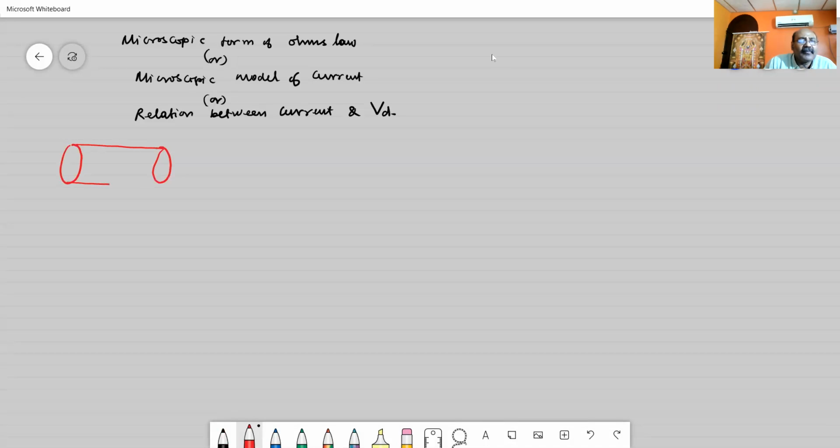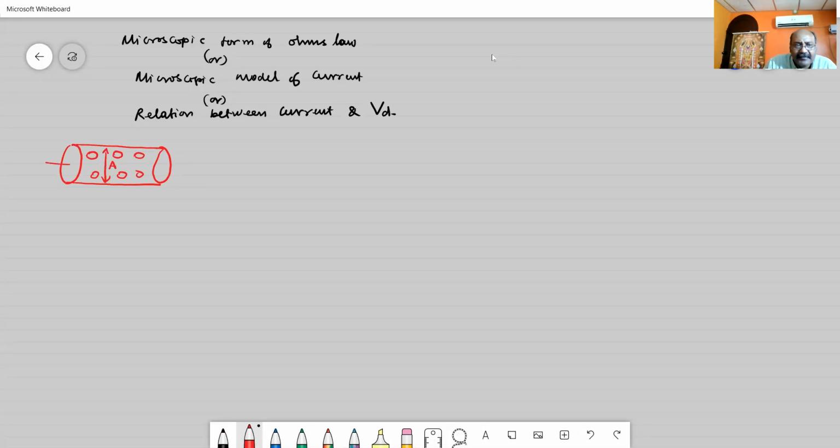So, I am considering a conductor. In this conductor, you are having innumerable number of electrons inside. Let us take A as the area of the conductor.